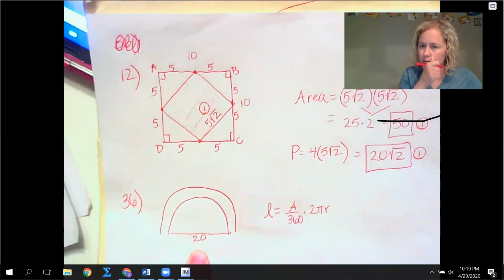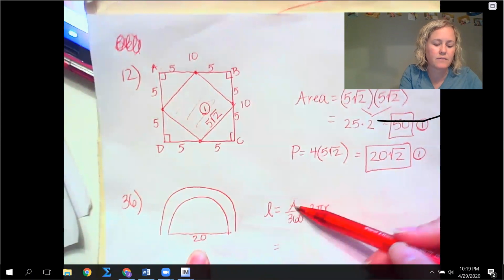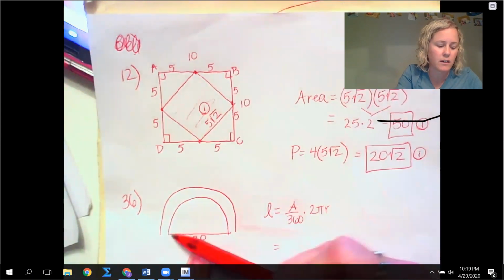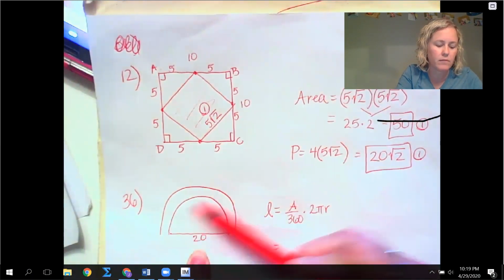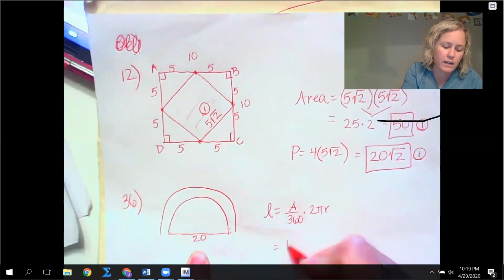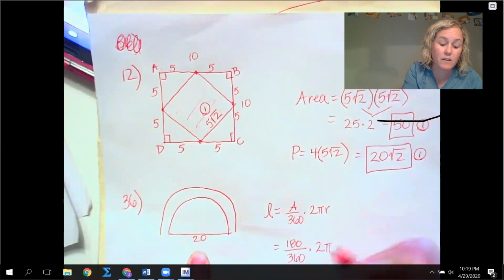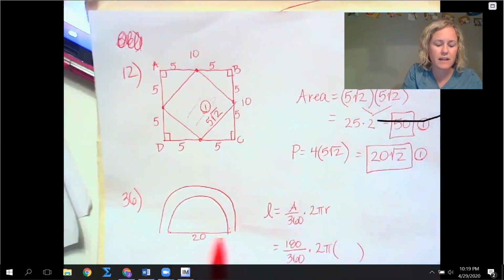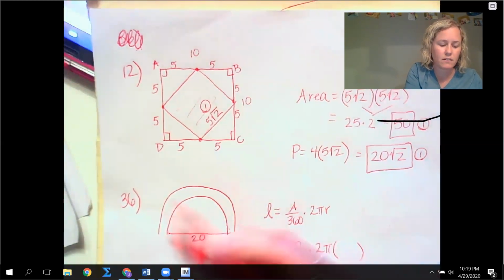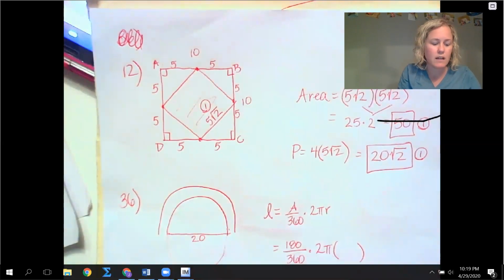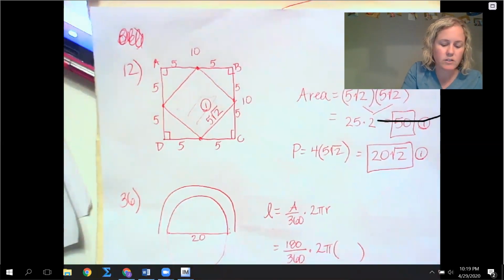That's a formula that was on your formula sheet. And this A stands for arc degree measure. So this arc's degree measure is 180. So we're gonna go 180 over 360 times 2 pi and then the radius. You can see here that the diameter of this semicircle, there's the rest of the circle, the diameter is 20, so the radius is 10.